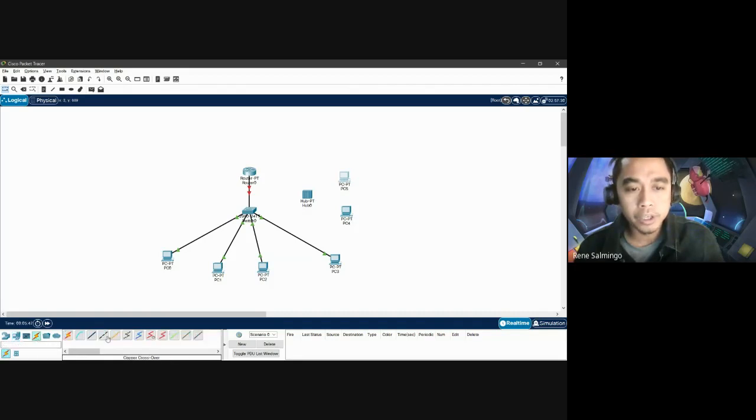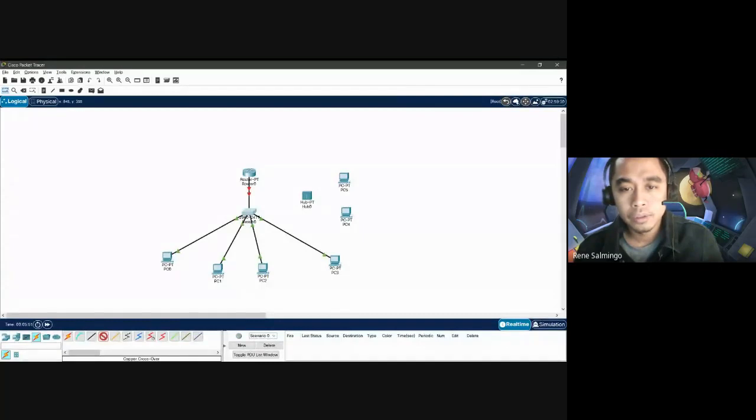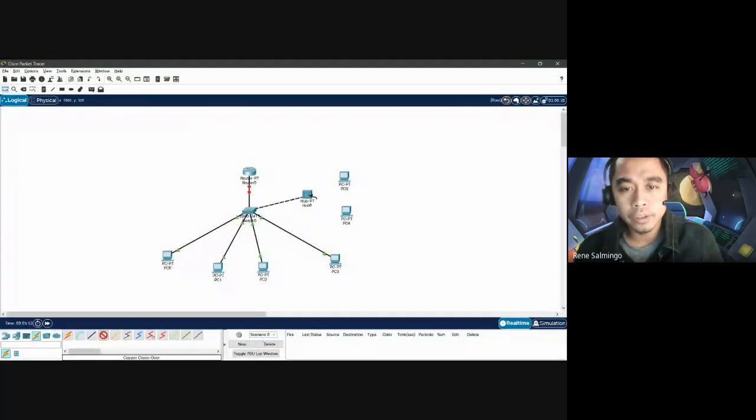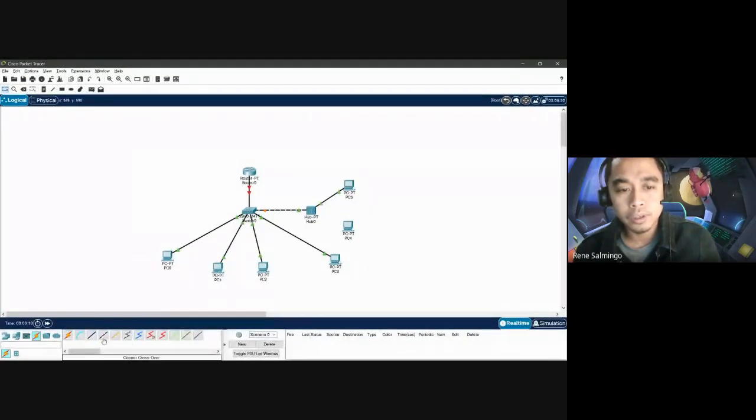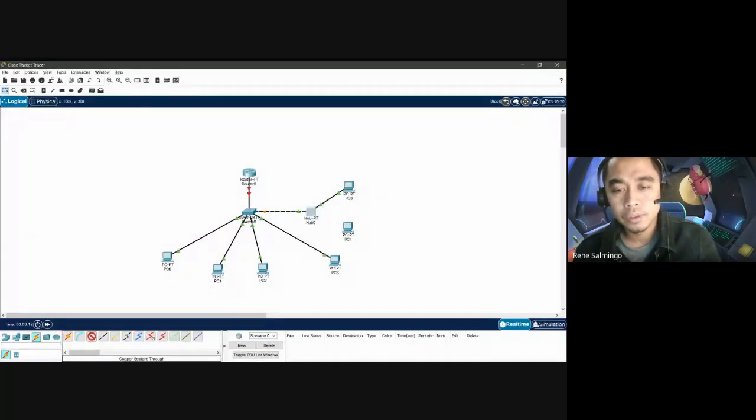And you could connect this one, your fast Ethernet 6. So you have this hub, and connect to this one, and this.